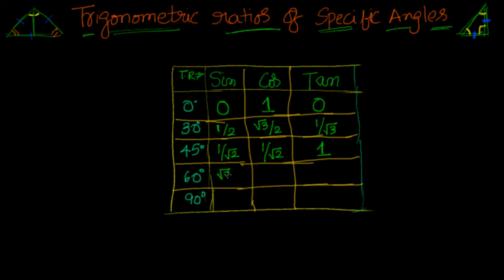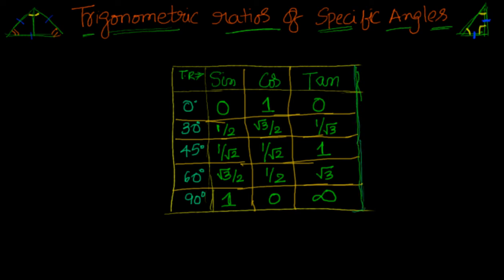Sin 60 is root 3 by 2. Cos 60 is 1 by 2. Tan 60 is root 3. Sin 90 is 1. Cos 90 is 0. Tan 90 is undefined, or you can say 1 by 0 is infinity. Generally we say undefined. That's it, we have done the table.